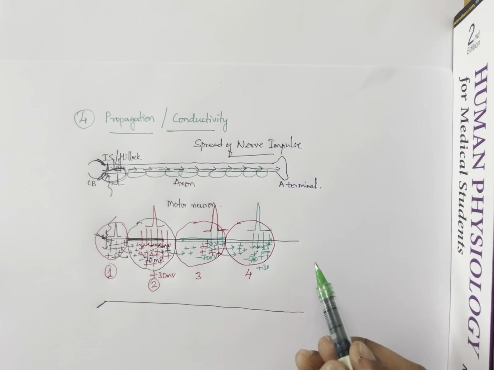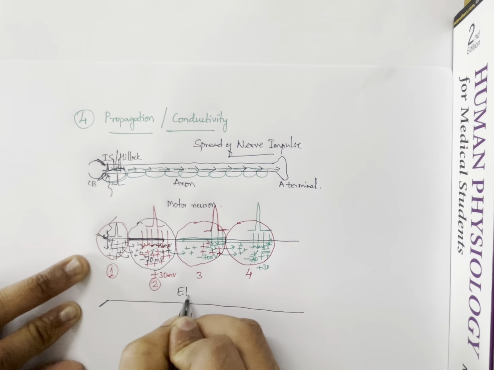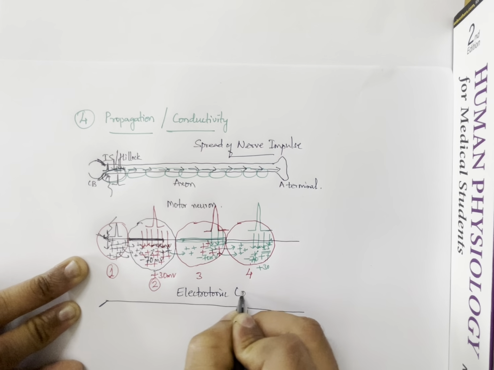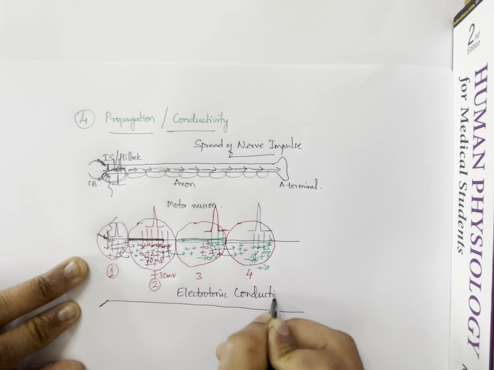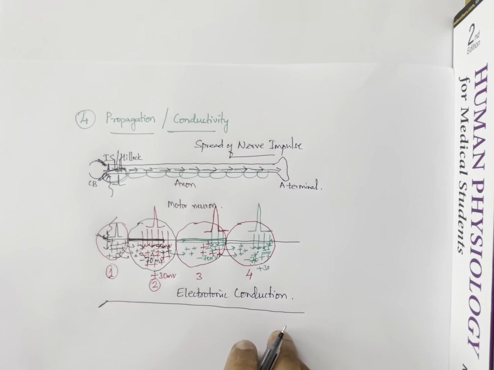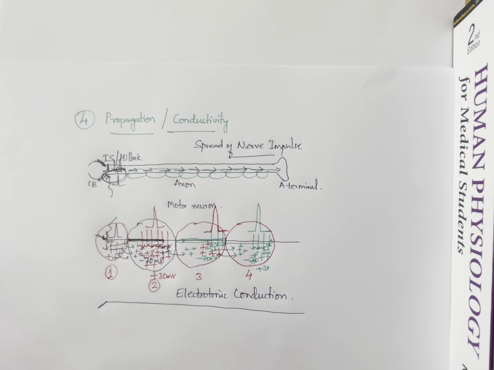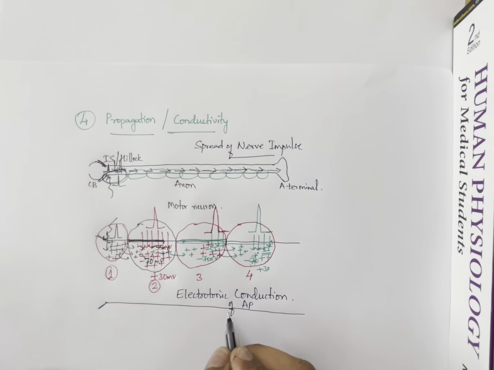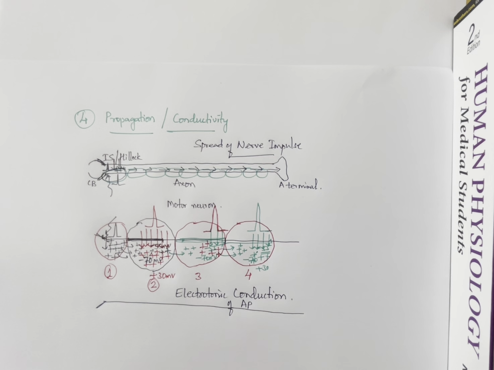Is that understood? So this is about the propagation of action potentials. This happens in case of what? Unmyelinated nerve fibers. So this is electrotonic conduction of action potential in case of non-myelinated or unmyelinated nerve fibers.